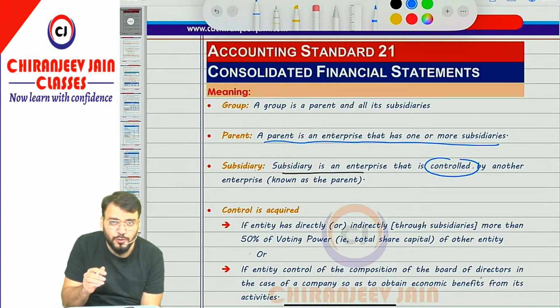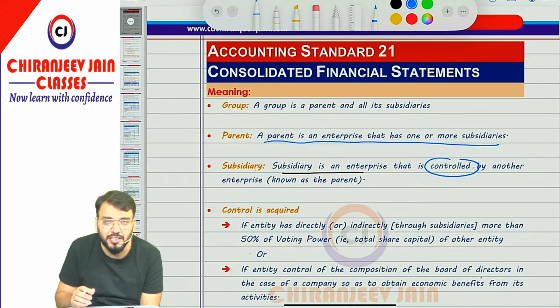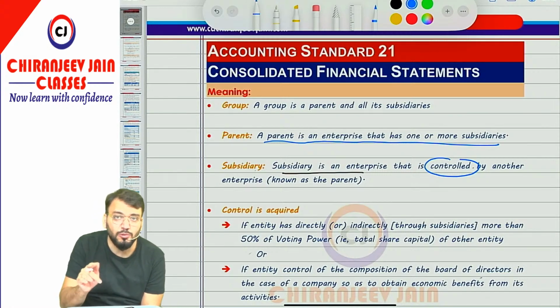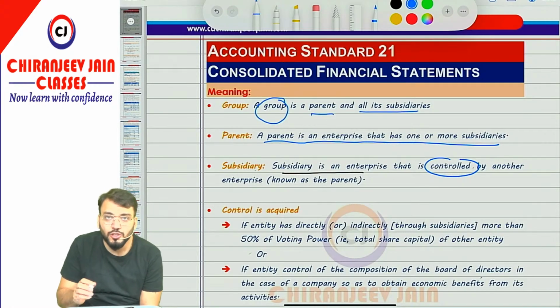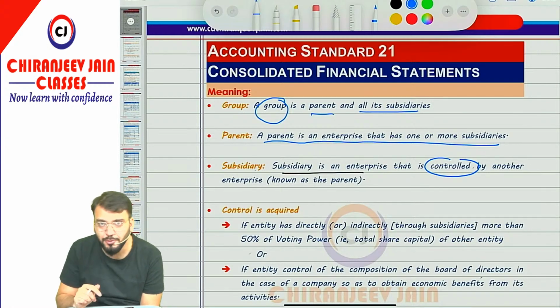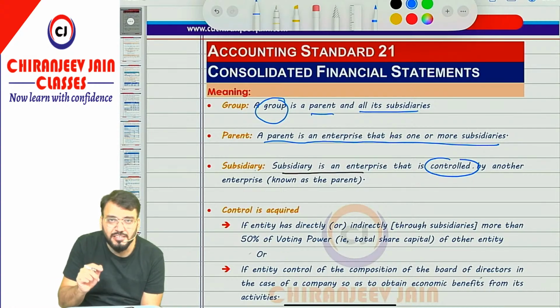When we say group, the group consists of the parent and subsidiaries. One thing: if you know about associates and joint ventures, which will come up in AS23 and AS27, the group does not include associates and joint ventures. So when I say group, I mean the parent and all its subsidiaries. We prepare the consolidated financial statement from the group company's point of view. In this chapter, the parent company will prepare its own financial statement as well as the consolidated financial statement.